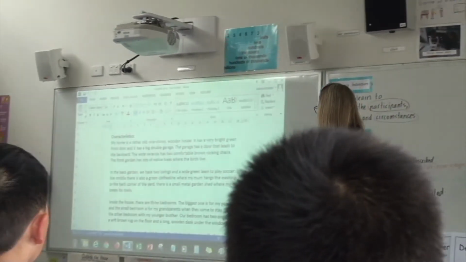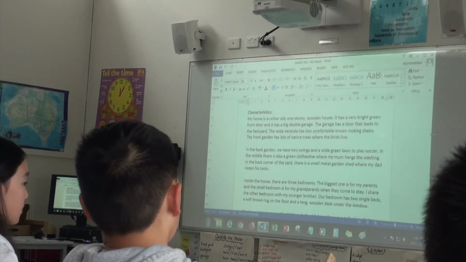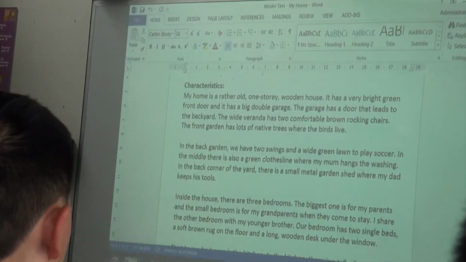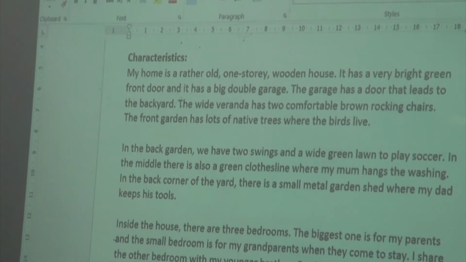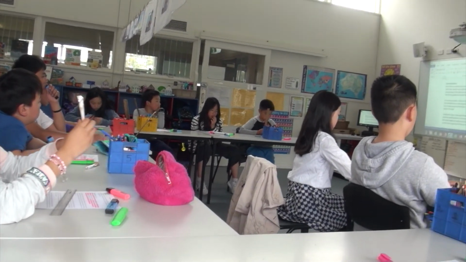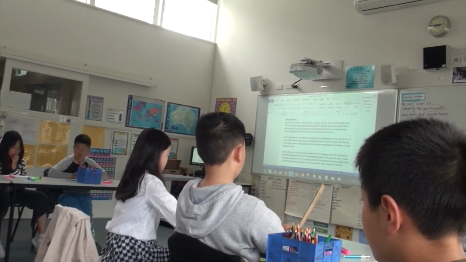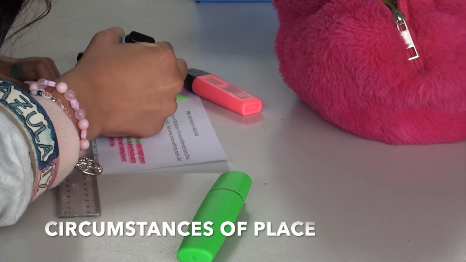It says, in the back garden we have 2 swings and a wide green lawn to play soccer. Where are they talking about? Where is the place? Where? Selena? In the backyard. In the back garden. Can you highlight in the back garden in your blue highlighter? So this is the circumstance. Where is it? In the back garden.